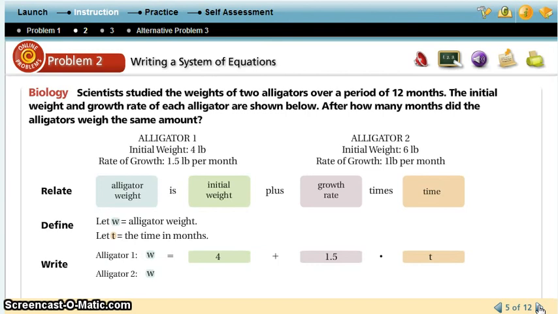The alligator weight can be represented as W. Is means equals. The initial weight of alligator 2 is 6 pounds, plus the growth rate of alligator 2 is 1 pound per month, times time is represented by T.